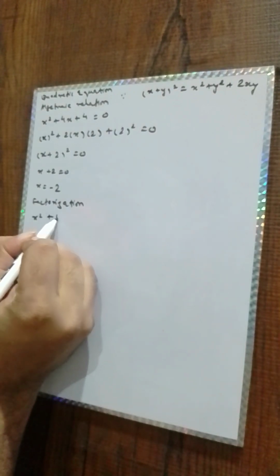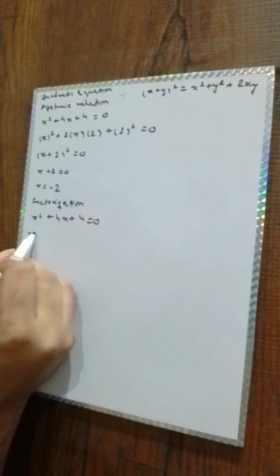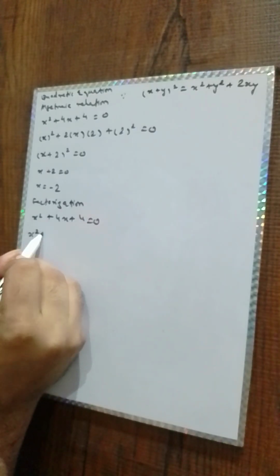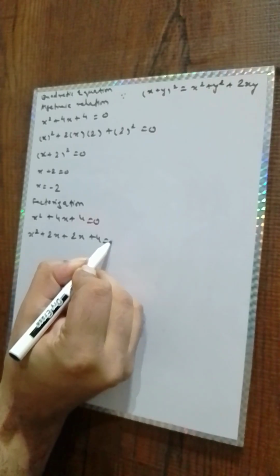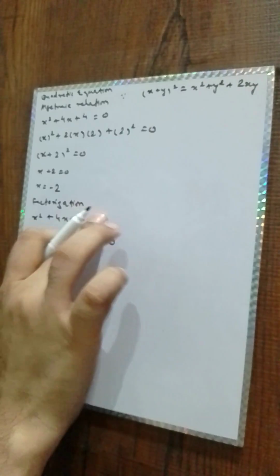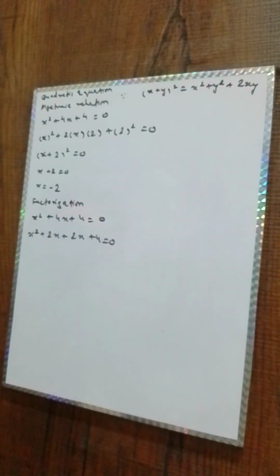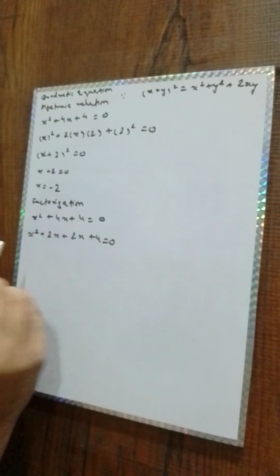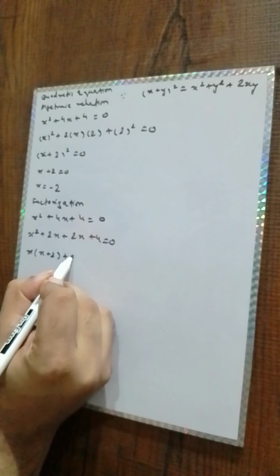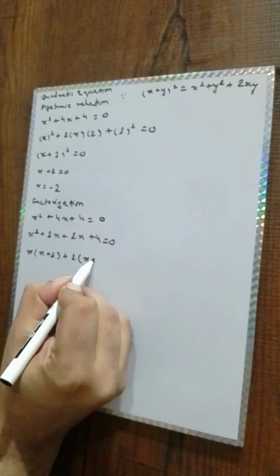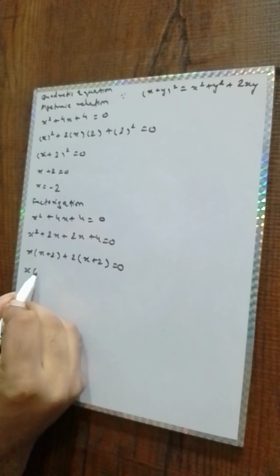So for the same equation, x squared plus 4x plus 4 is equal to 0, what we do is x squared plus 2x plus 2x plus 4, we split 4x into 2x plus 2x to have common factors. So here we have x, so it gives us x plus 2, and here we have 2, gives us x plus 2. Yes, this is factorization.